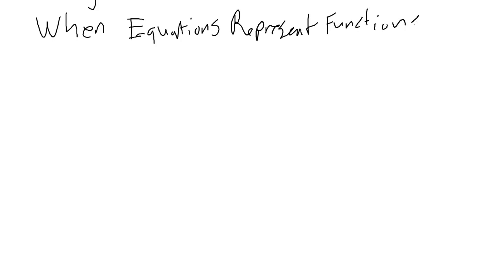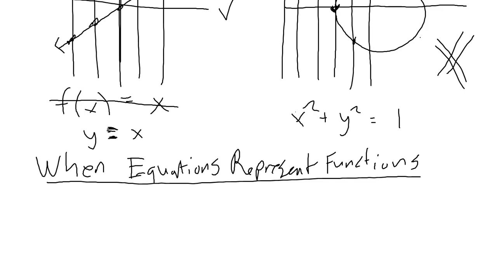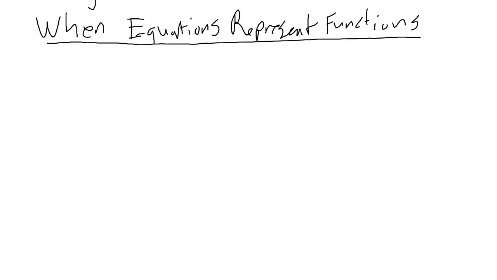So one question you might ask is, when do certain equations represent functions? Like if we were just given x squared plus y squared equals 1, and without our knowledge from the last chapter, we just didn't know that was a circle. And then we're asked, all right, is this a function? How are we going to be able to figure that out?